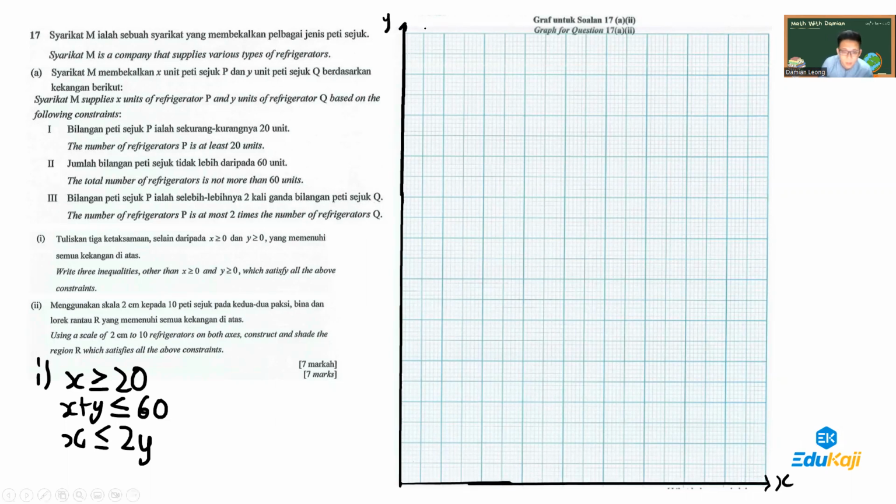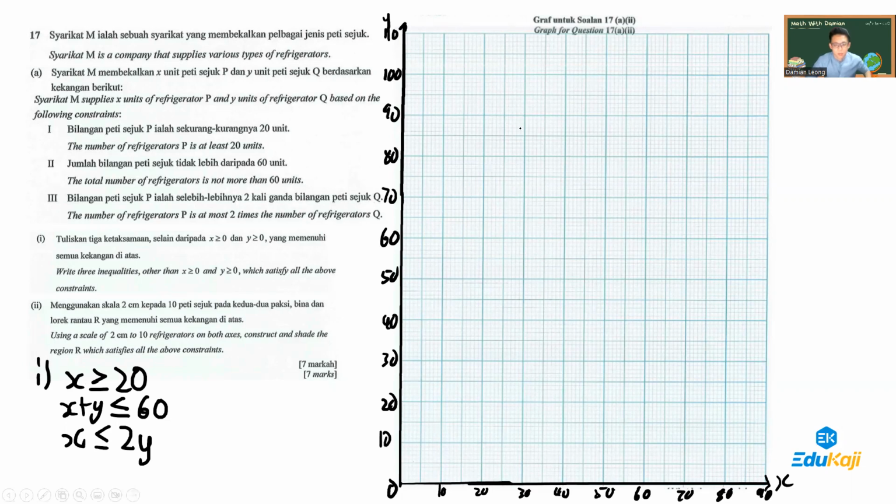X, Y. So 2 cm to 10 units means each box is 10. Each box is always 2 units. Sorry, 2 cm. So you just label each box 10, 20, 30, 40, 50, 60, 70, 80, 90, 100, 110.